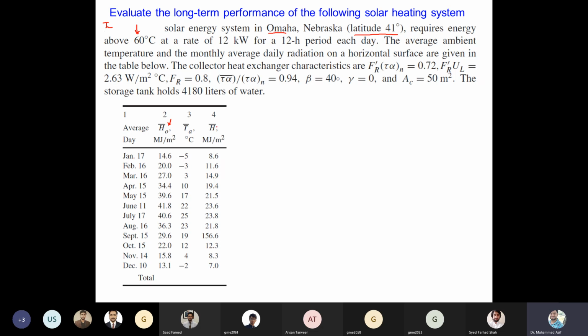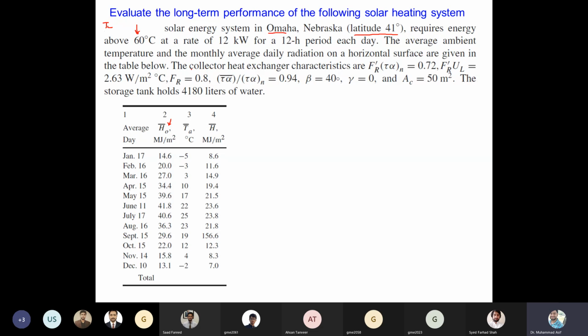This is the average terrestrial radiation. Basically, these are the parameters that you can have based on the location. Even for TOPI, you can get this data, what is the average temperature in January, February, and so up to December, right? And similarly for the value of the terrestrial radiation and extraterrestrial radiation.